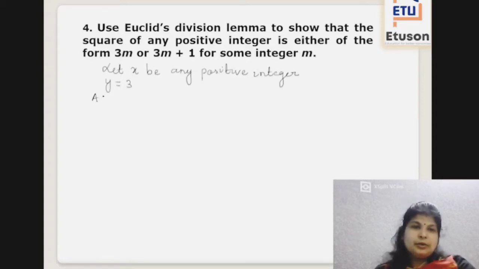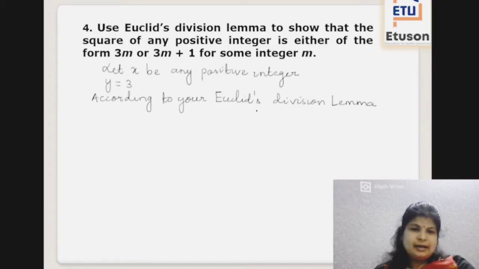Now according to Euclid's division lemma, I can write x is equal to 3q plus r, where q is greater than or equal to 0.